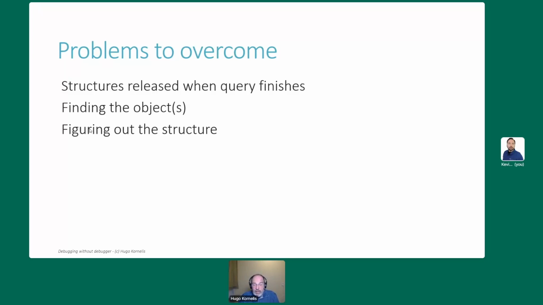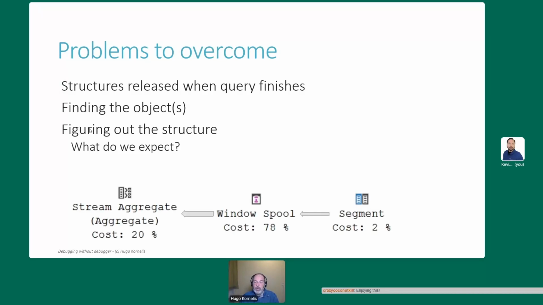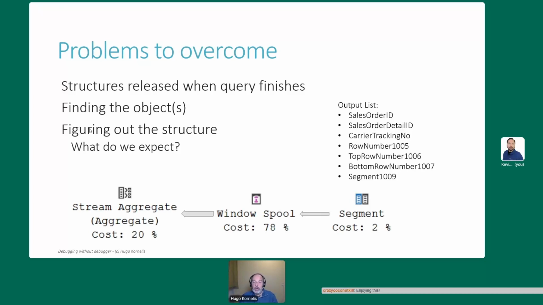So I found the data, but I still need to figure out the structure. To understand how the structure works, it helps to understand what we expect. So I returned to the execution plan and I looked at what data is sent by the segment operator to the Window Spool.